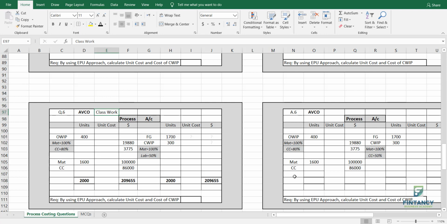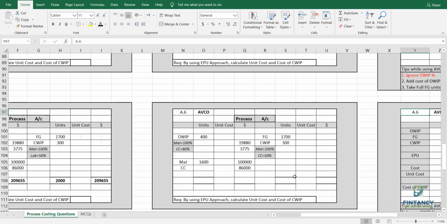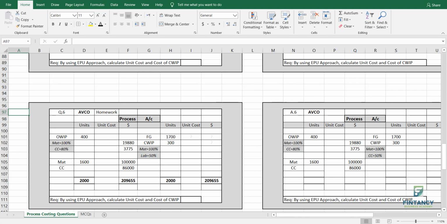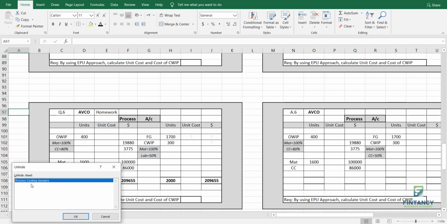So when I will share this file with you, you can just solve it here and check your answers. Where are the answers? You will right click here and see there is unhide. So when you click unhide, you will find here the answers. So you can see the answer for question number 6 on this sheet. Okay.